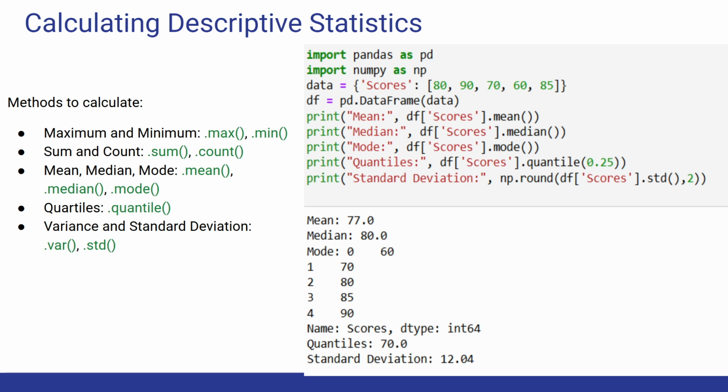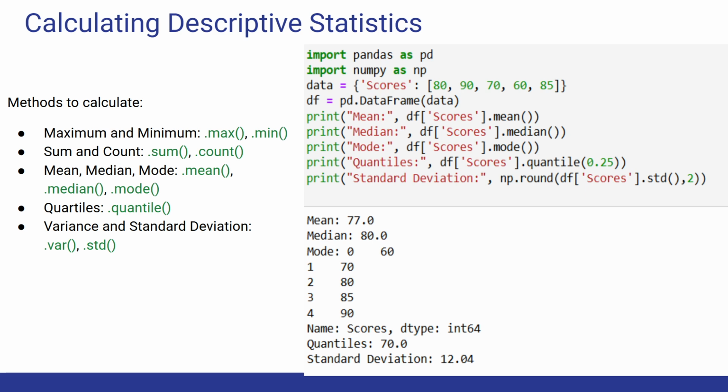So here, the first quartile for your df.scores will be 70, because it is actually looking at 60, 70. There are 5 data points, so each data point is about 20%. 70 actually comes around the 25th percentile.